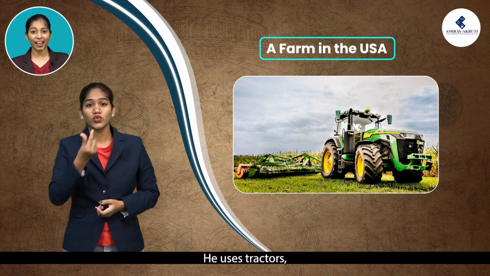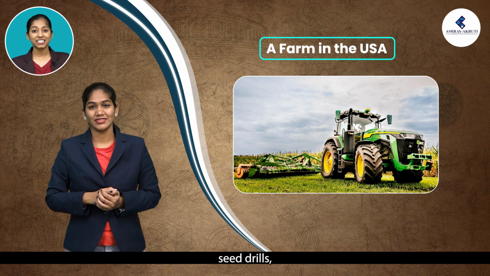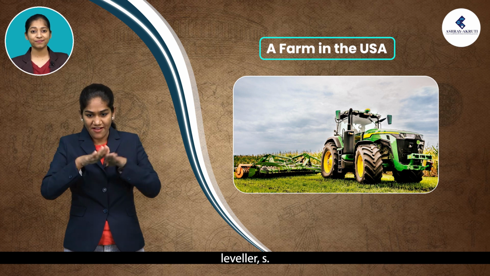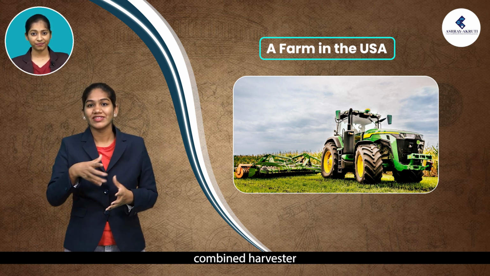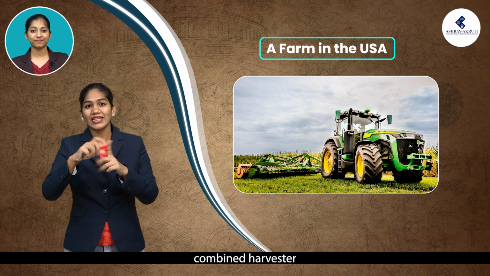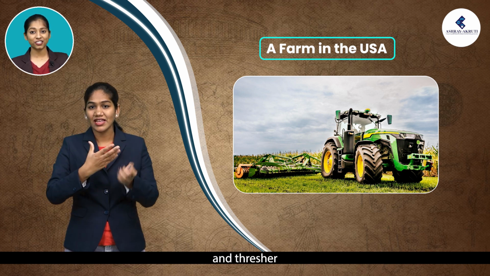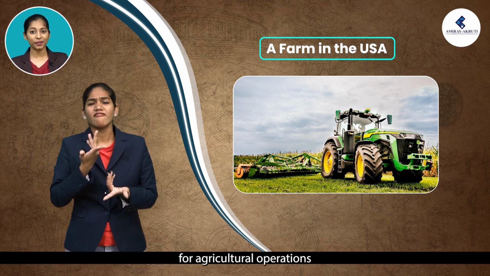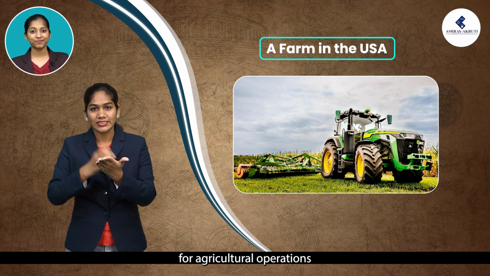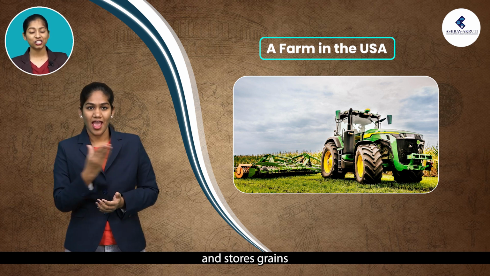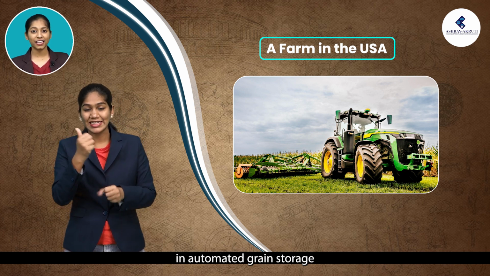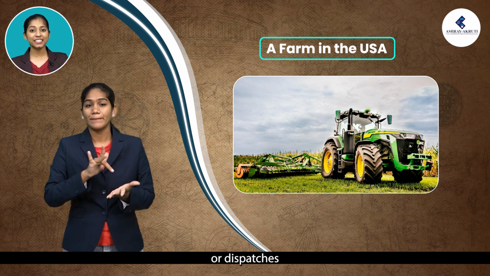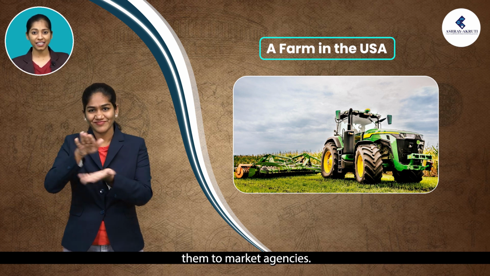He uses tractors, seed drills, leveler, combined harvester and thresher for agricultural operations, and stores grains in automated grain storage or dispatches them to market agencies.